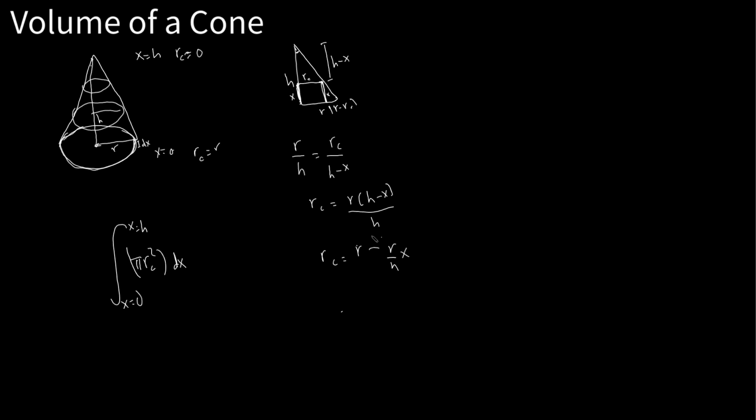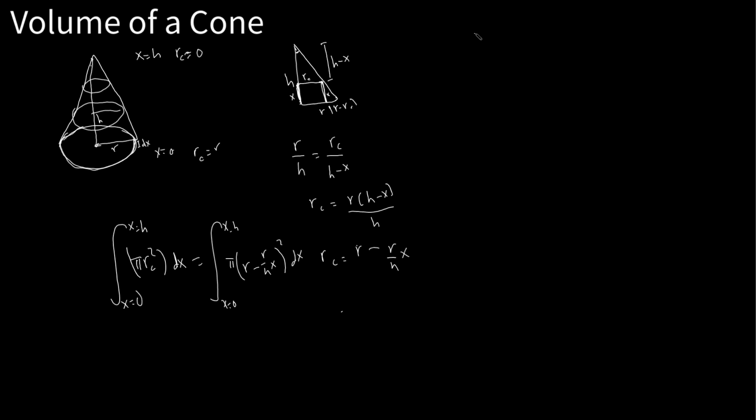Now we have written r sub c in terms of x, so we're going to substitute that. It's going to be the integral from x equals 0 to x equals h of pi times (r minus r over h x) squared dx.